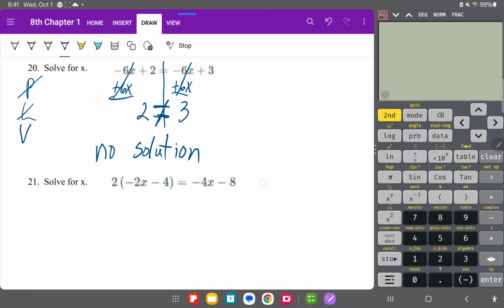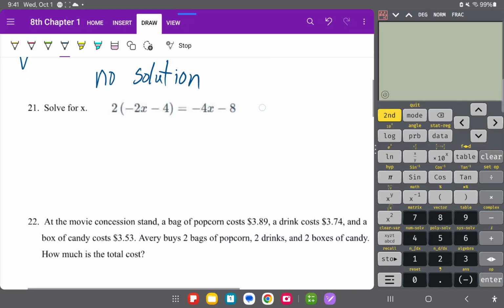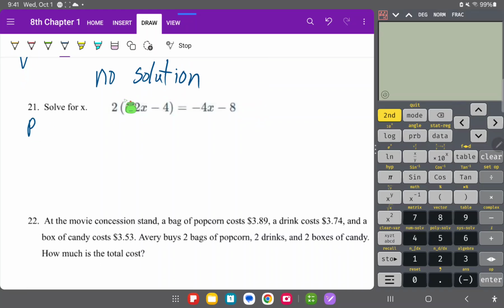Okay. So on number 21, there are parentheses to deal with on this one. Distributive property gives us negative 4x. 2 times negative 4 is negative 8. Bring down your equals, your negative 4x, and your minus 8.